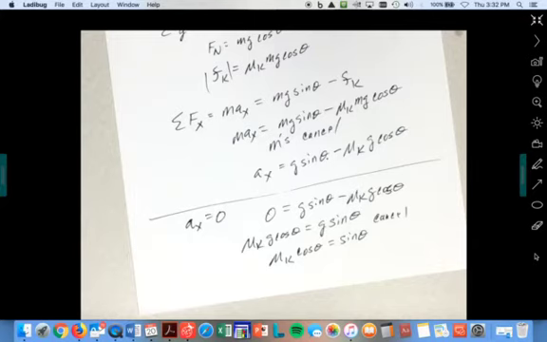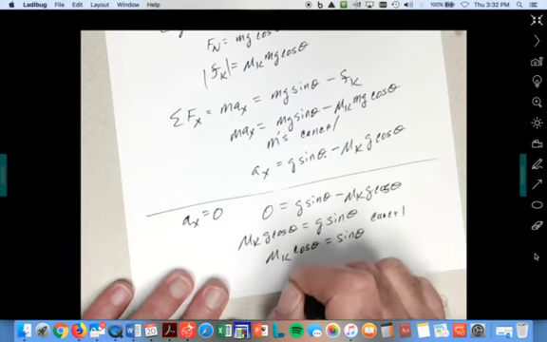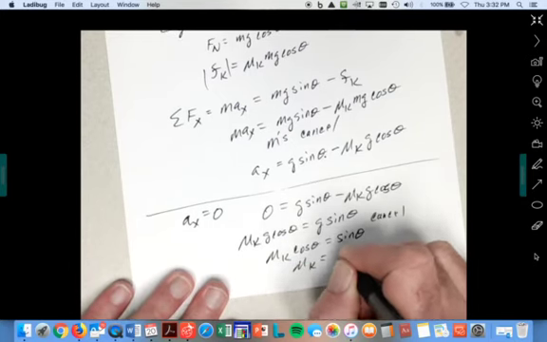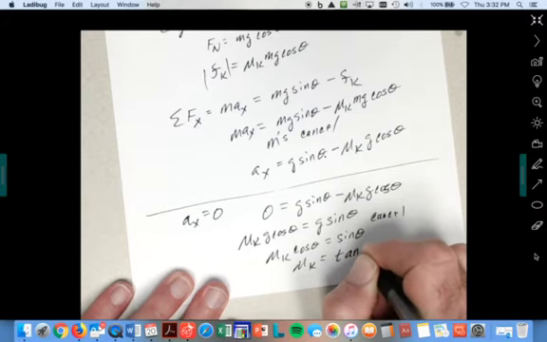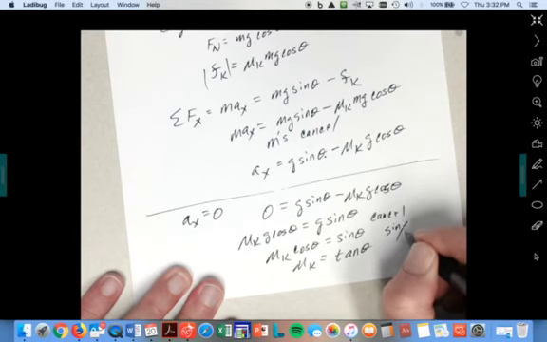And mu k is equal to 0.1. So I come up with mu k is equal to the tangent of theta, because the sine over the cosine is the tangent.